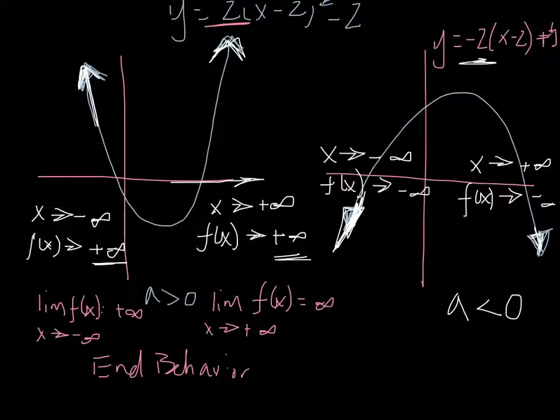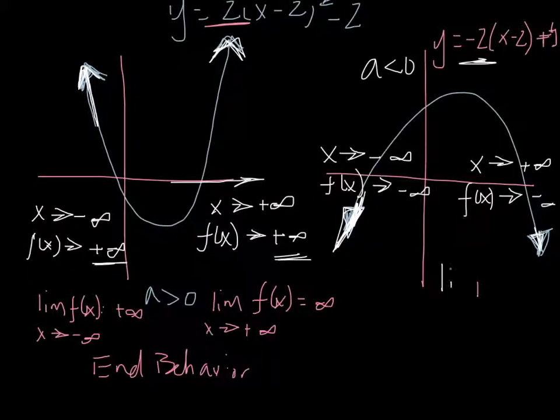That's the notation, and I can write that on a graph, that's fine. But for the limit and end behavior notation, I'm going to erase this just to give myself some room. This is when a is less than 0.